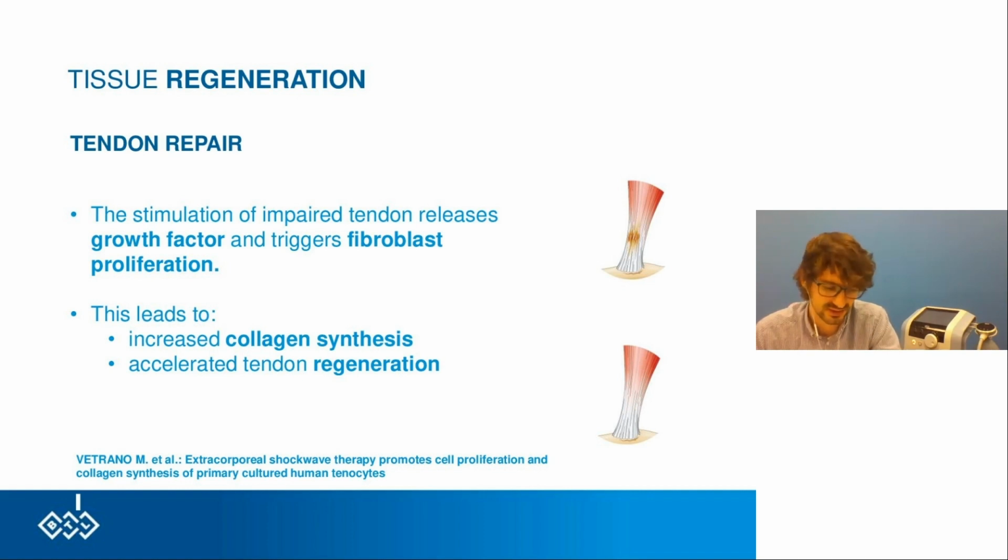At the end of this presentation, I will provide you some of the studies that I'm mentioning here, and we will look at some graphs that are proving, let's say, the amount of collagen that is being produced after the shockwaves and without the shockwaves.